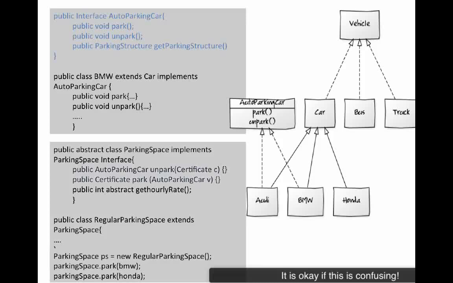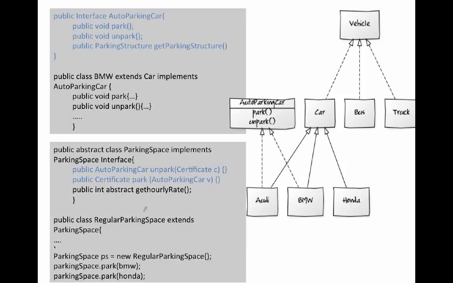And whoever wants to work with me would now have to implement this interface, because my method only accepts an auto parking car. It just doesn't accept a regular car. So whoever wants to work with me has to implement the method park and unpark. This way I could be sure that if you're going to work with me, your car will have the park and unpark behavior.